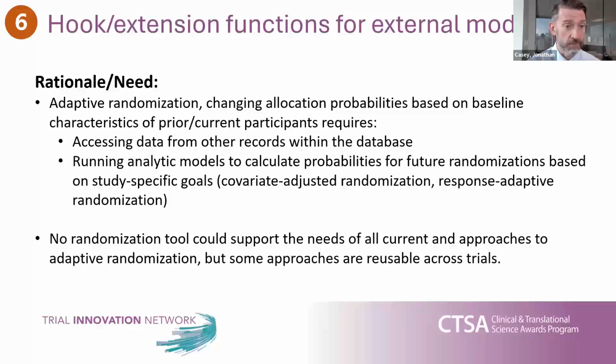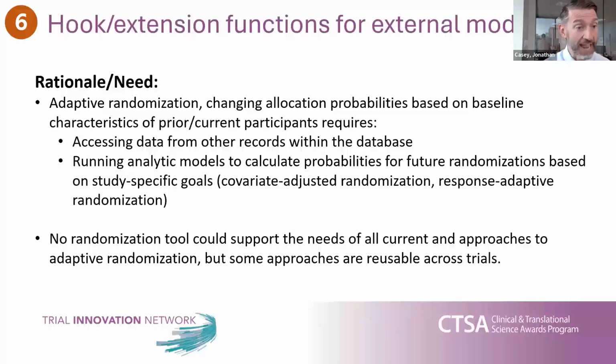But it requires accessing records from prior patients and then running models that have these study-specific goals. So covariate-adjusted randomization balances key baseline variables that might be different for different trials, or response-adaptive randomization changes the allocation based on specific outcomes.